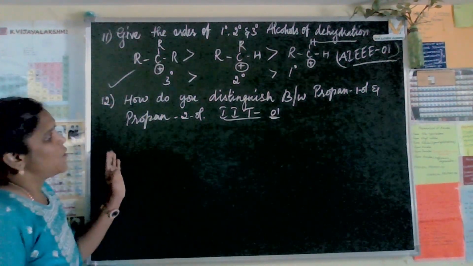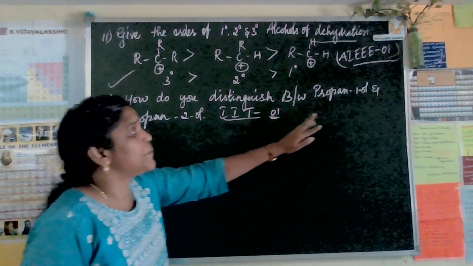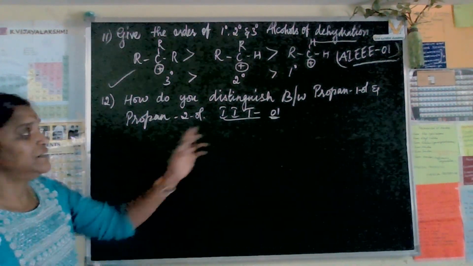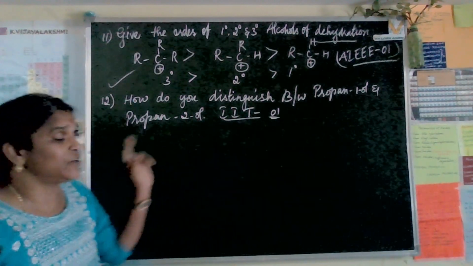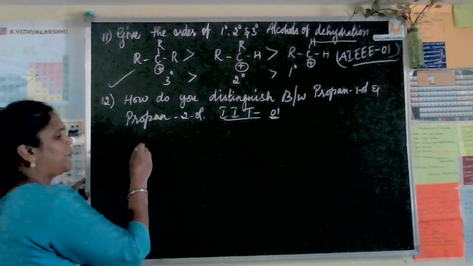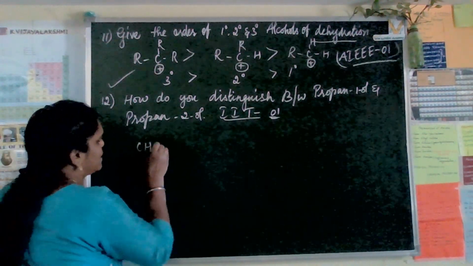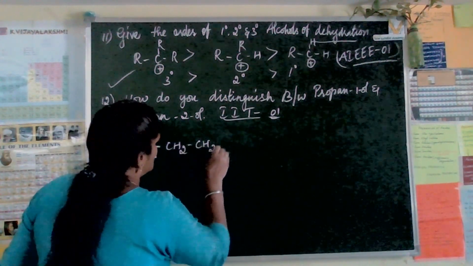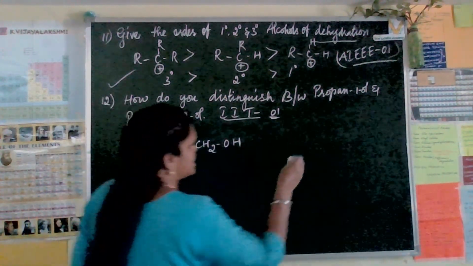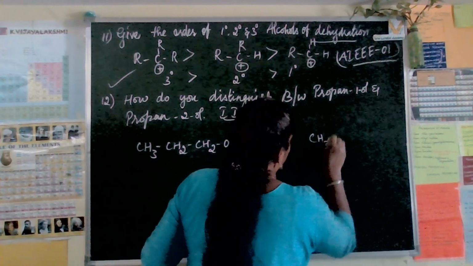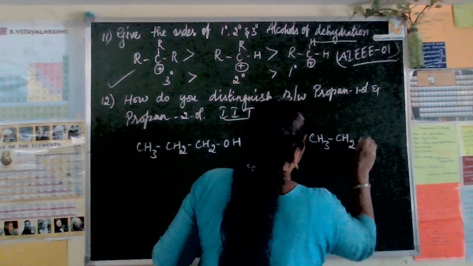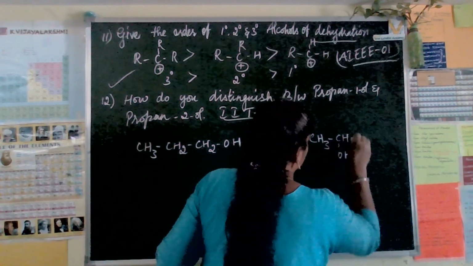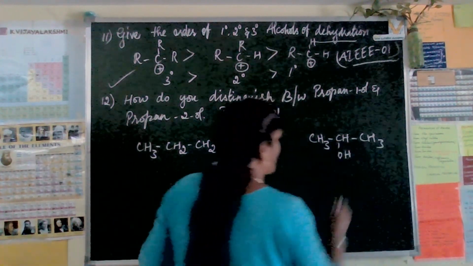The next one: distinguish between propan-1-ol and propan-2-ol. This is also a very important question to be noted. Propan-1-ol is CH3CH2CH2OH, whereas propan-2-ol is CH3CHOHCH3, isopropyl alcohol.